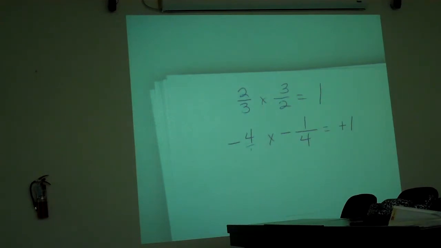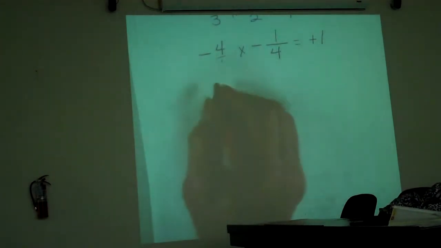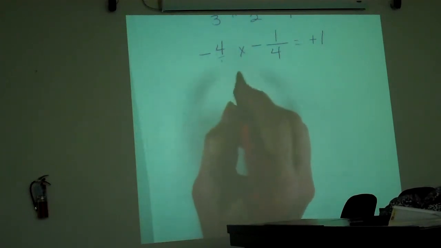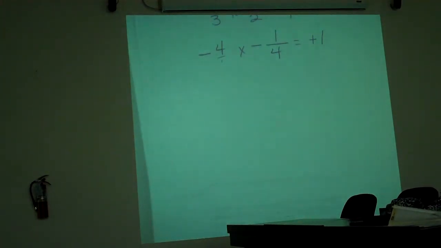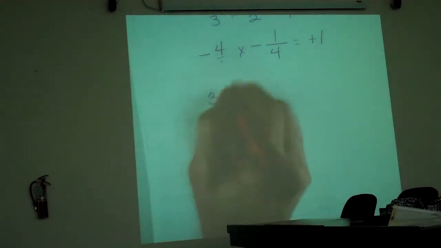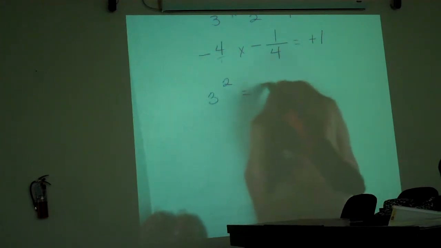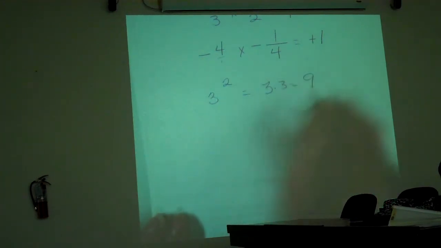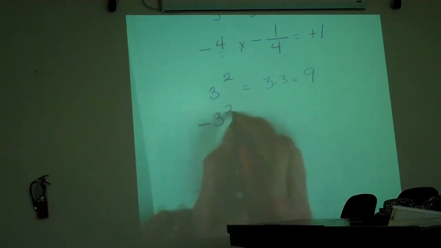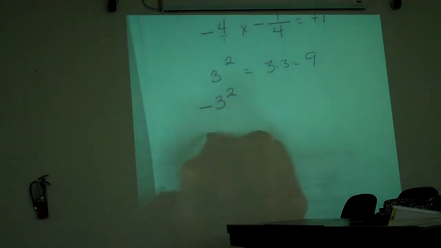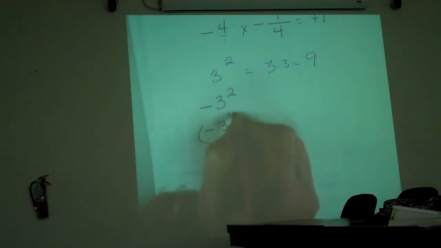Okay, how about some order of operations? Let's do, oh, you need to know on if there's an exponent. If you have like a 3 squared, that means 3 times 3, right? Is 9. Okay, if you have negative 3 squared, that's different than if you have negative 3 in parentheses squared.